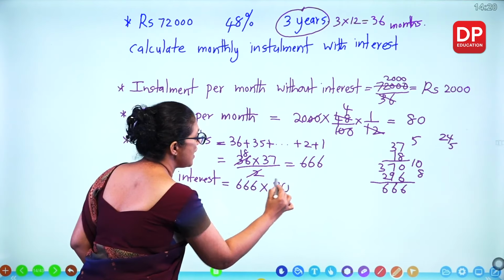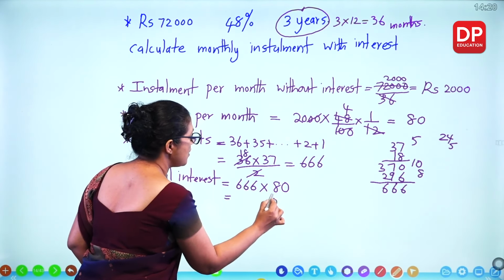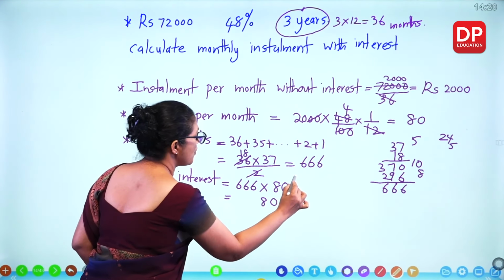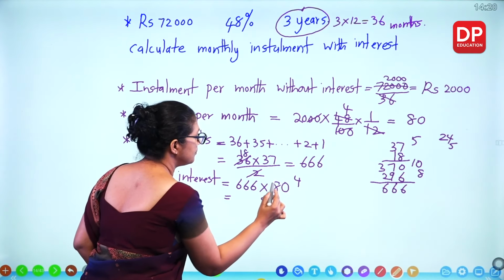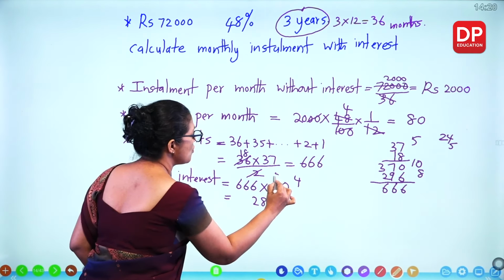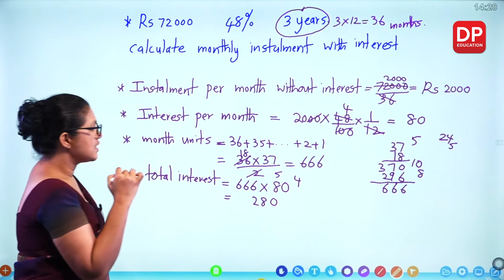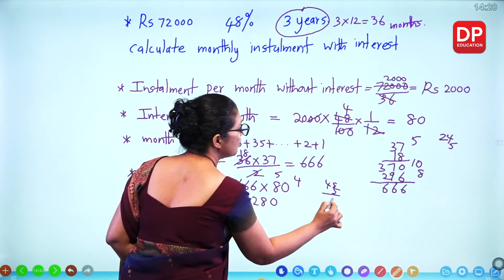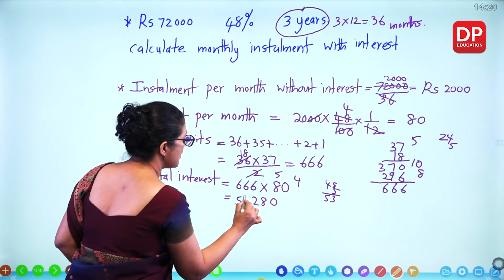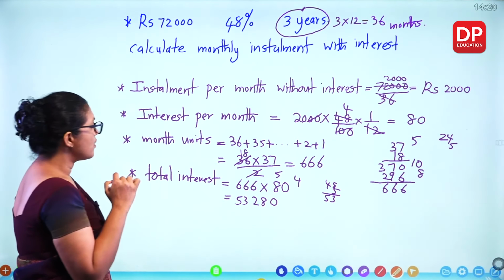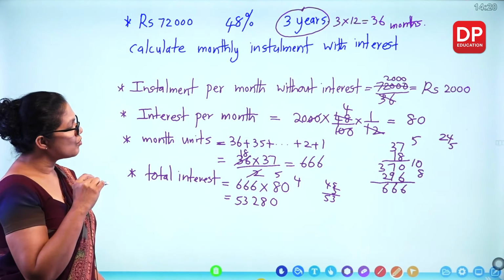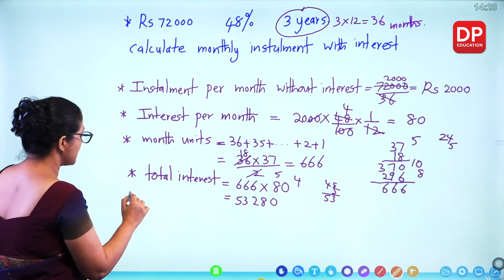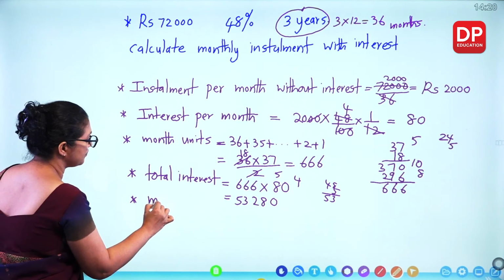So multiply by 80, you get 0. 4 remaining. 52. 8 times 6, 48. 48 plus 5, 53. So here total interest is 53,280.